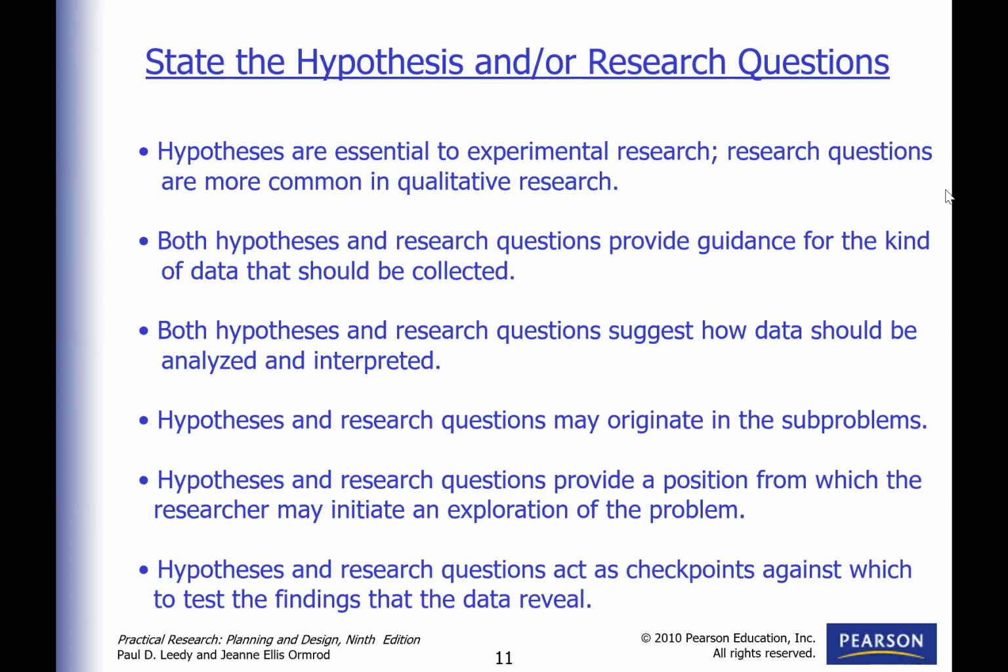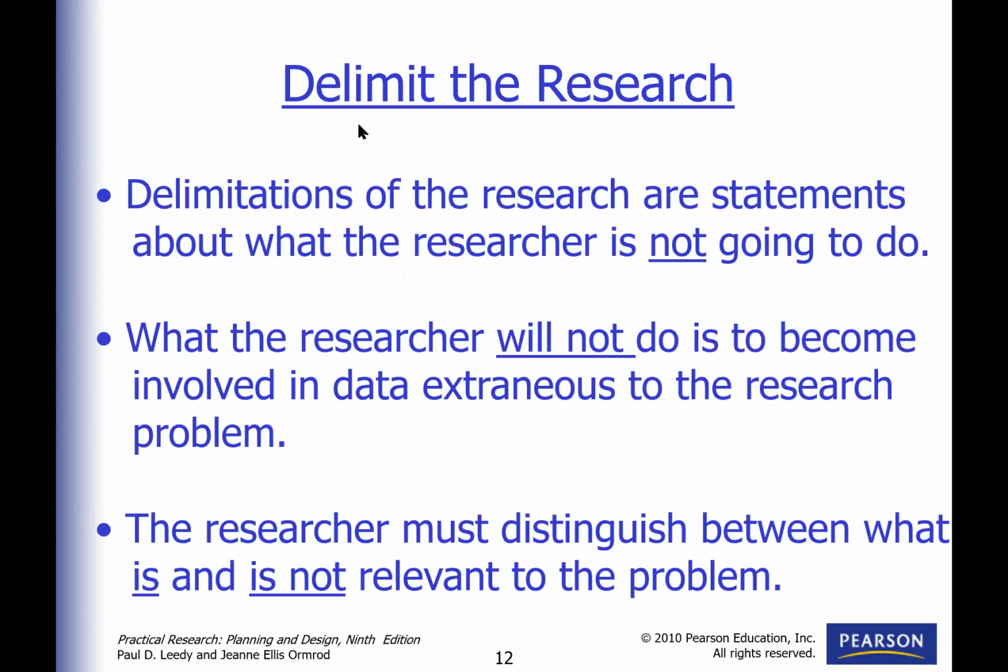Okay, now after hypothesis, we have to delimit the research. So what is it to delimit the research? Here you have to state what you are not going to do, or you are very clearly stating what you are going to do.